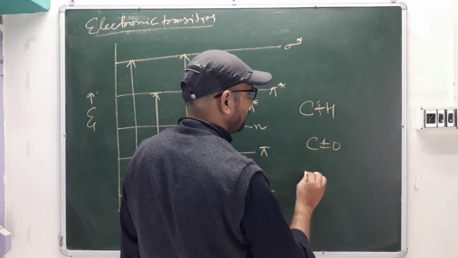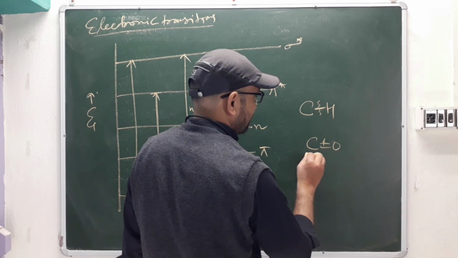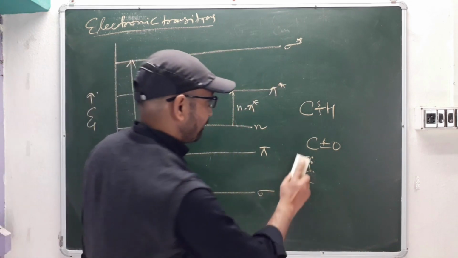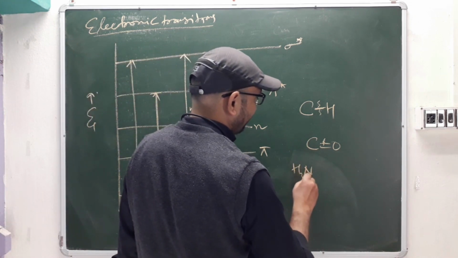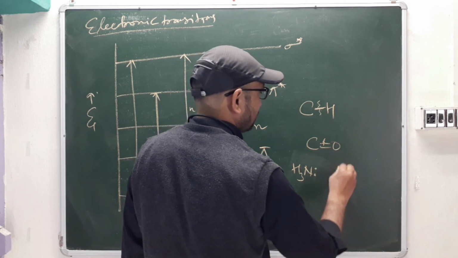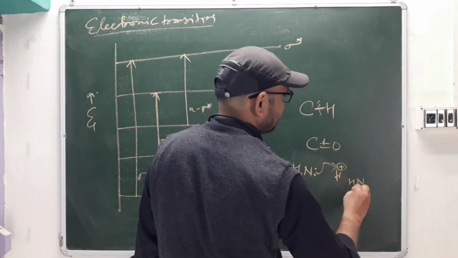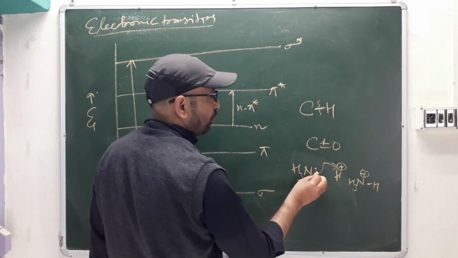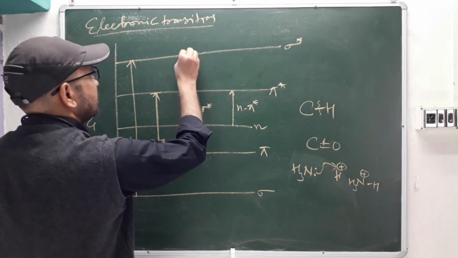Now if any new bond is forming, I'll take another example. Suppose you have NH3 and this lone pair is taking up a proton, so we can say that one more bond is forming in NH4+, so it goes from non-bonding to sigma star, right?